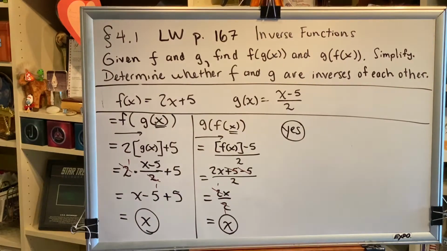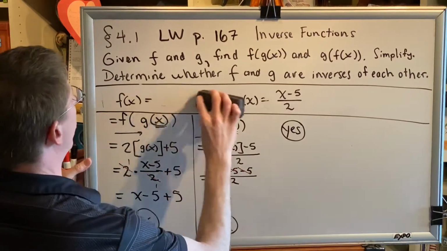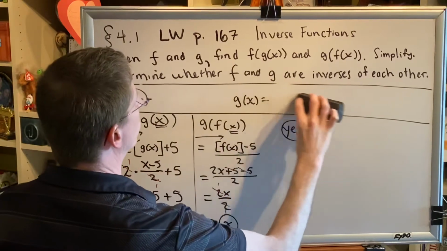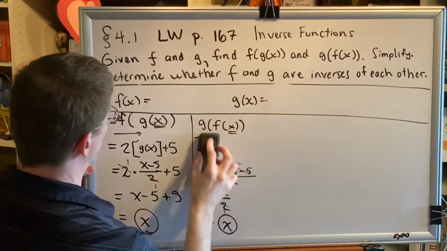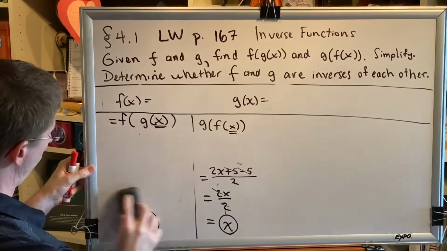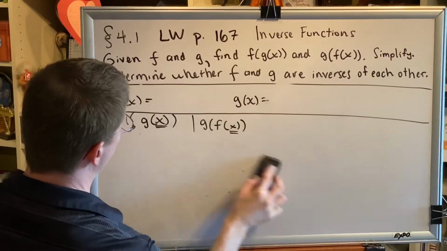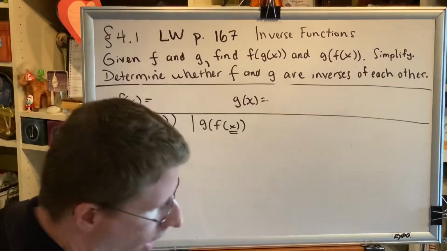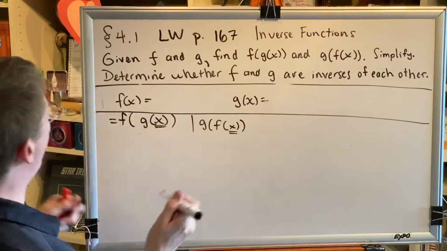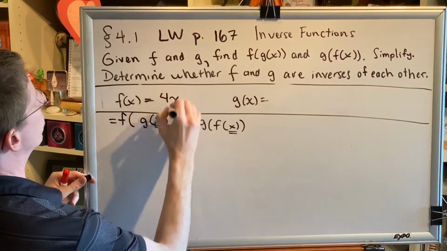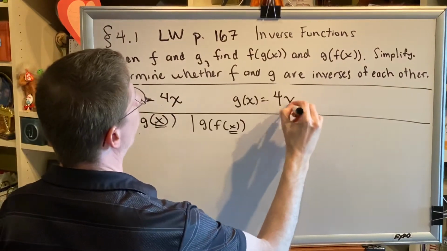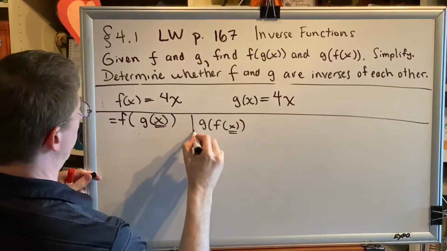Okay, let's change the functions and go through this process again. All right, here we go. F of x equals 4x, g of x equals 4x. Interesting.